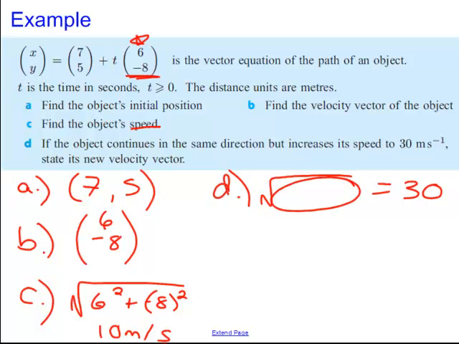In order for that to happen, my speed is increasing 3 times as much, so it's 3 times the velocity vector. When I multiply that through, I get 18, -24. So that's my velocity vector of this specific object. If you want to check it, take the square root of 18 squared plus (-24) squared, and you'll end up with your 30.